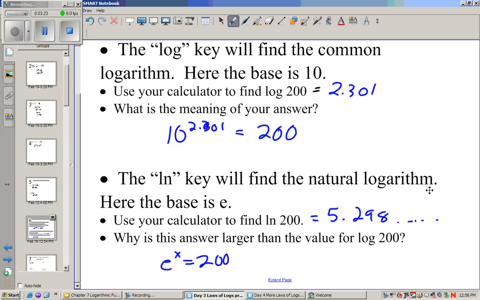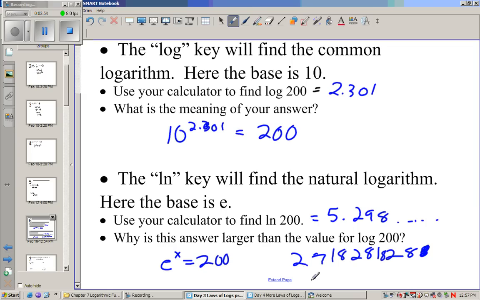Now, what e is, e is the number 2.718281828, and it looks like it's repeating, but it doesn't repeat. It keeps going and going on forever and ever, and there's no end to it.